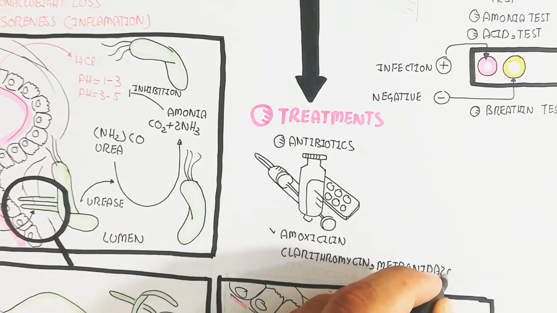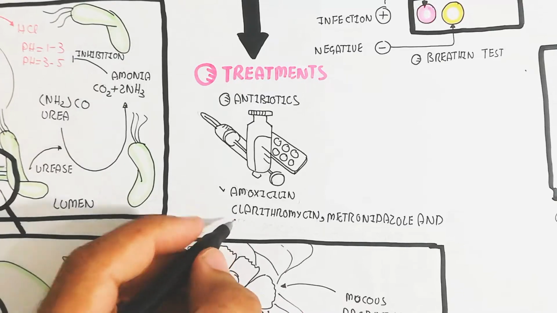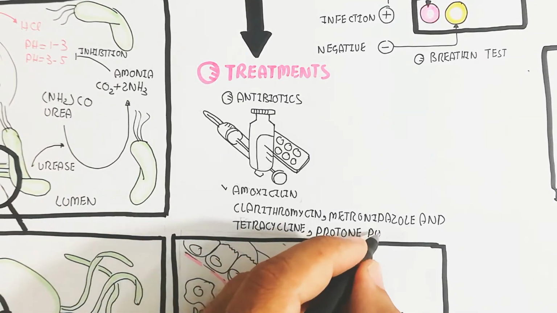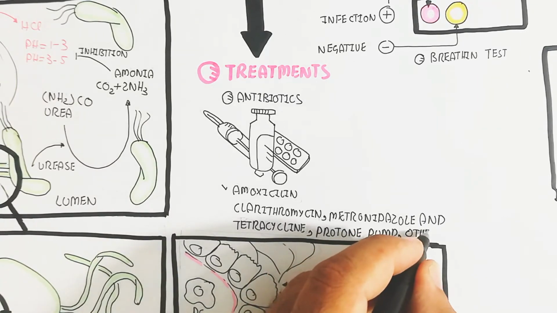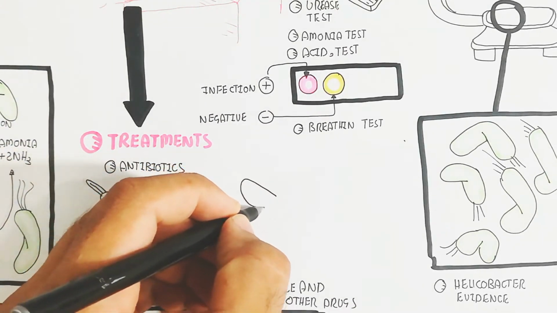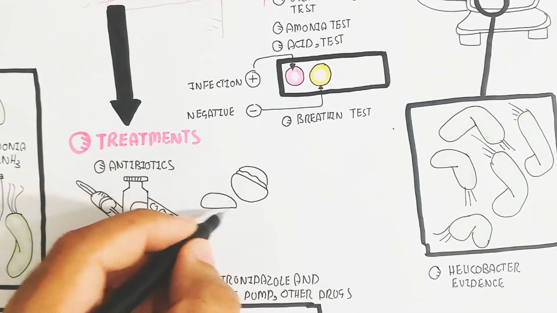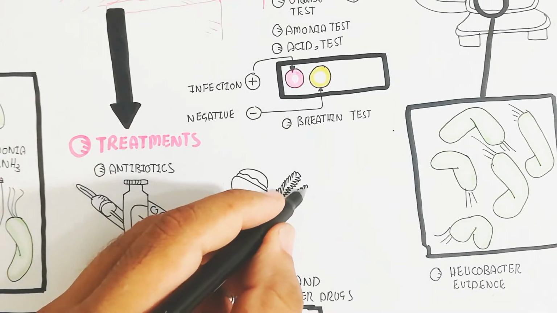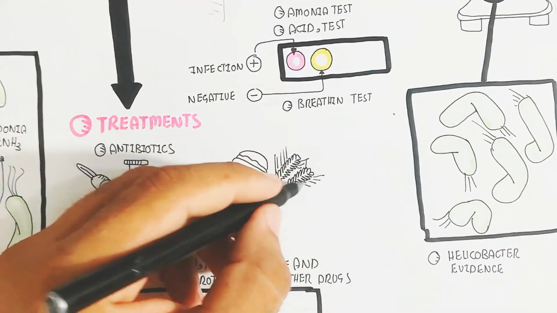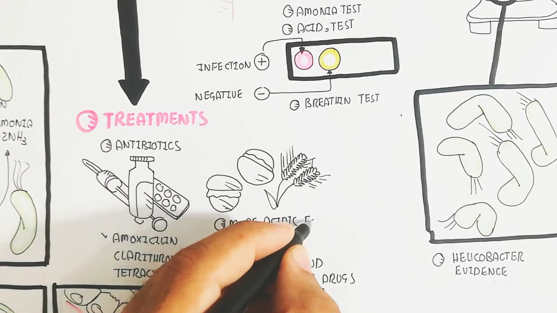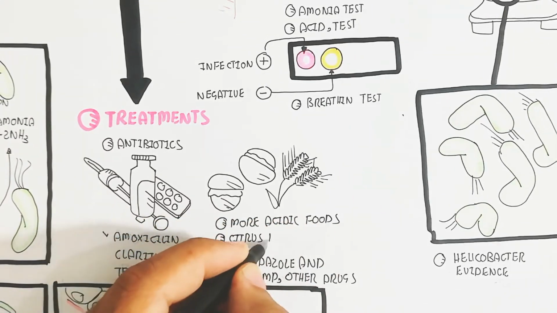On the other hand, proton pump inhibitors and other drugs are also used. While on the other hand, we can consume more acidic food, the citrus family, lemon or other acidic food containing ascorbic acid, which will decrease the pH, meaning increase the acidity, and will relieve our abdomen.